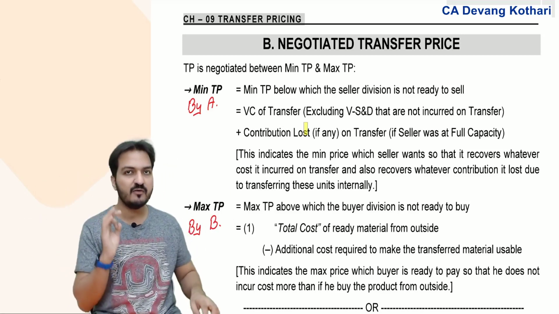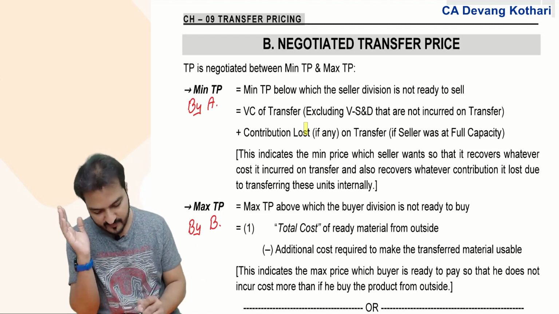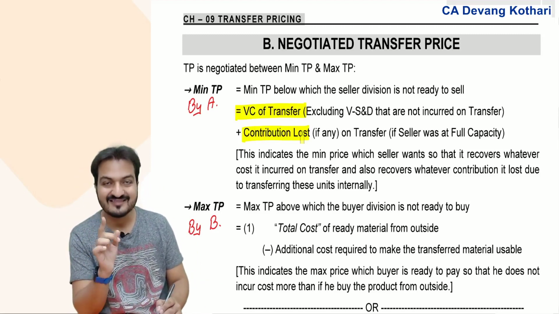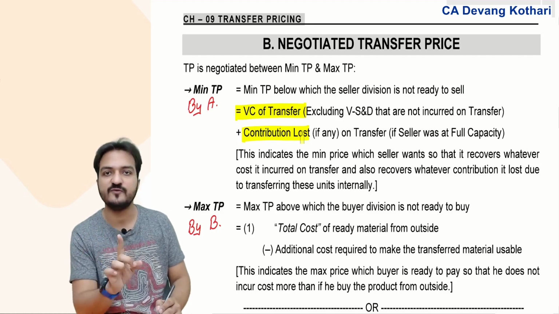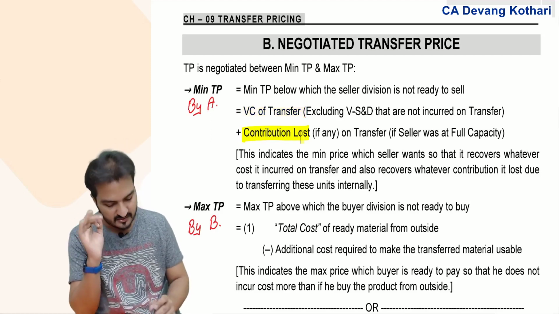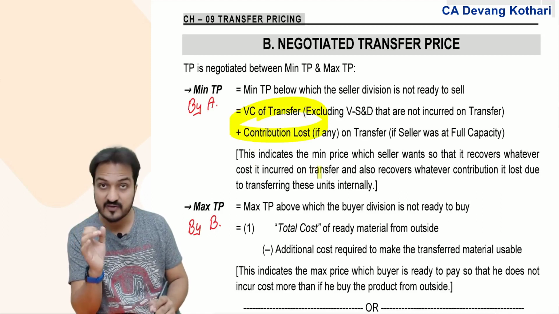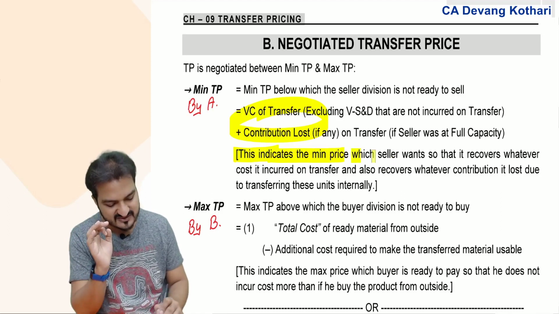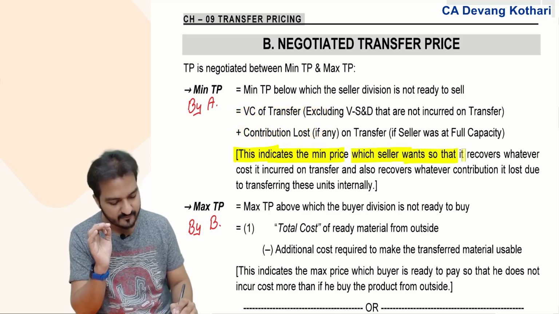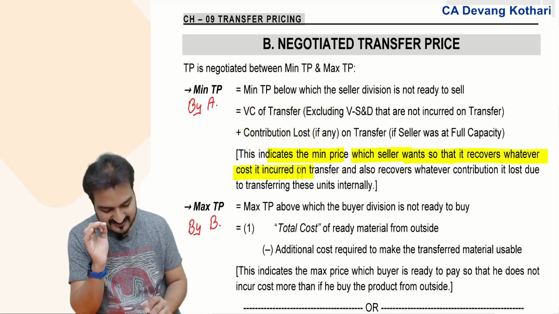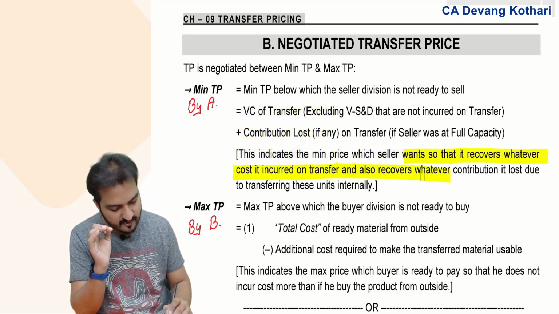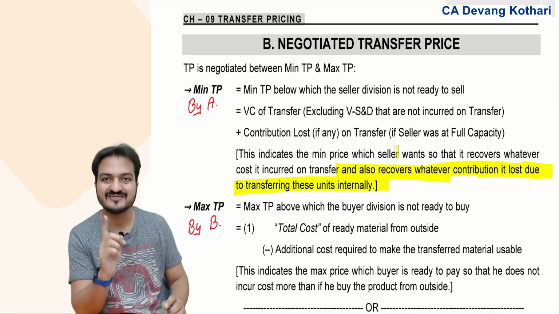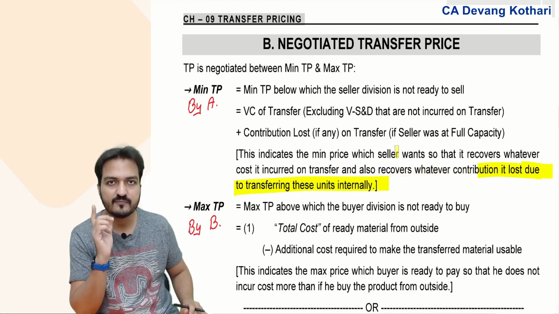Yes, so my minimum TP that I want will be variable cost of transfer plus contribution lost that I incurred because of the transfer. Yes, the summation of this indicates the minimum price which the seller wants, so that it will recover whatever costs incurred on transfer and also recover whatever contribution it lost due to transferring these units internally. Done.